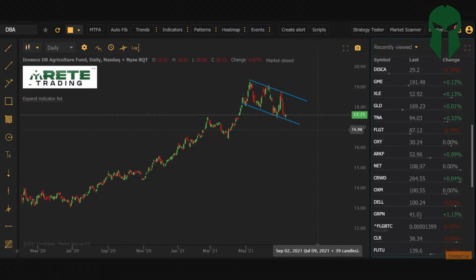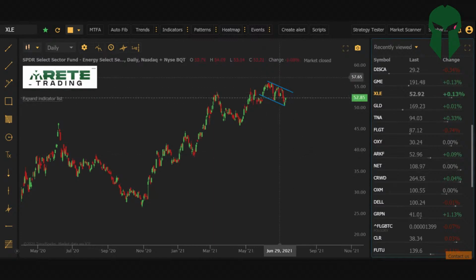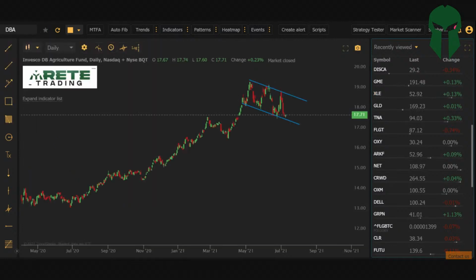That said, let's just keep going. So you see this on DBA? Look at this. Very similar, right? So this could be something that bounces off of this and goes higher.